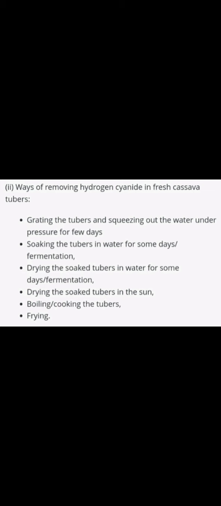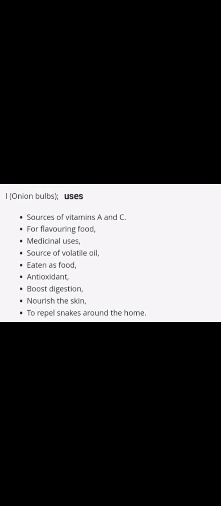Let's also chip in something for onion bulb. What are the uses of onion bulb? We missed that. It's a source of vitamins A and C. It's also used as a flavoring agent for food, and it has medicinal uses also. It's a source of volatile oil. It can be eaten as food. And onion is an antioxidant.